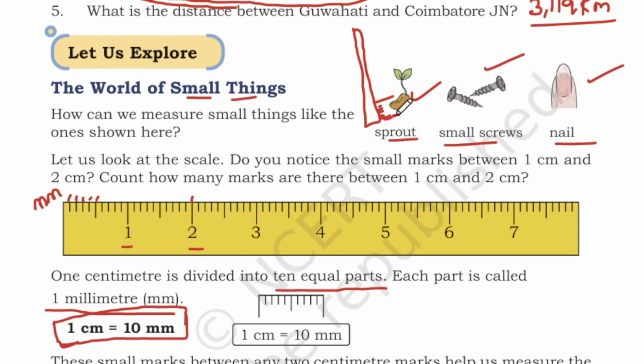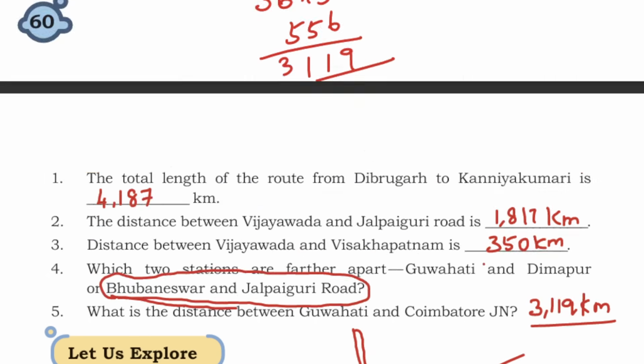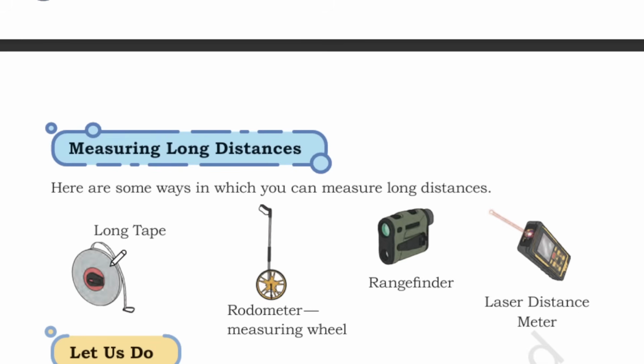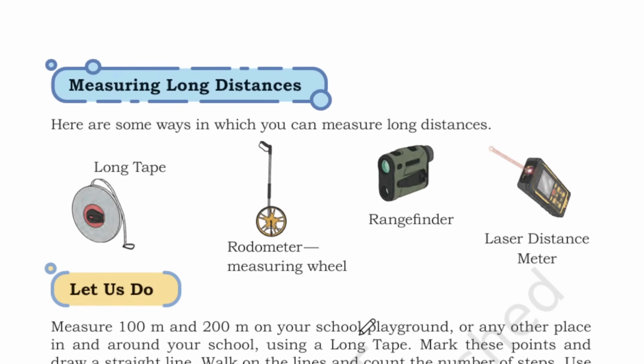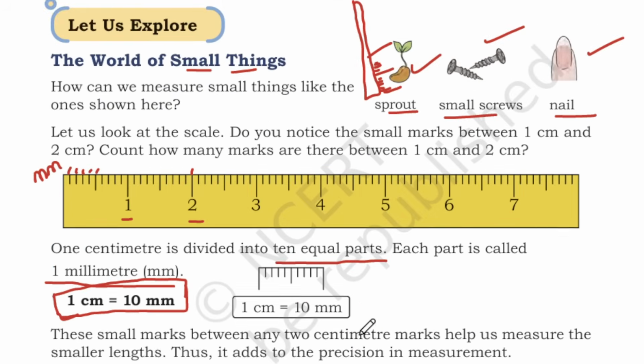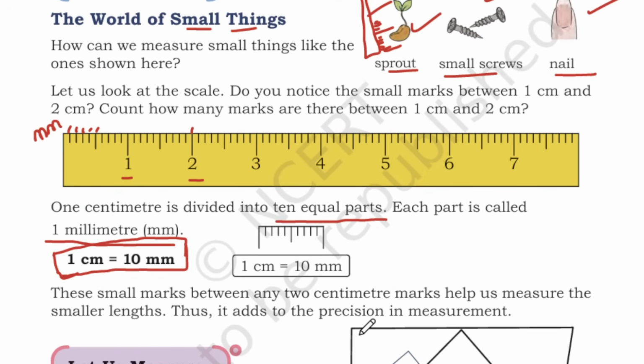The sprout is very tiny, so we can only measure these things in millimeter. But the objects we did previously, like the long tape and rodometer, we will do in meters. The smaller objects can be measured in centimeter or millimeters.